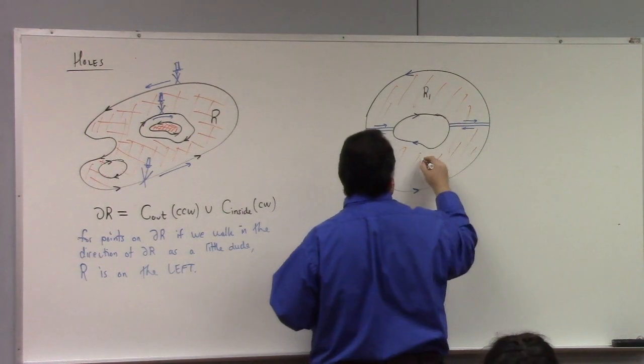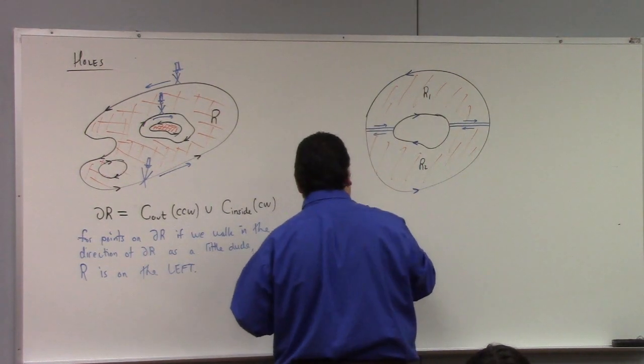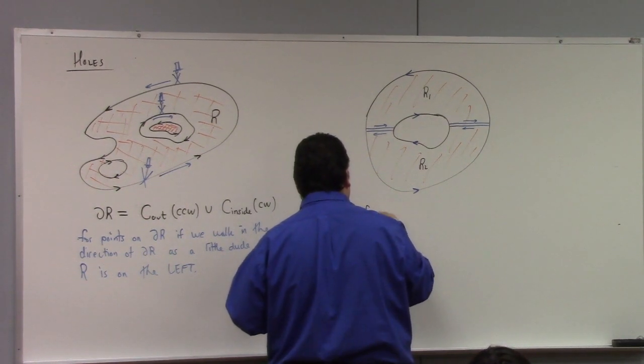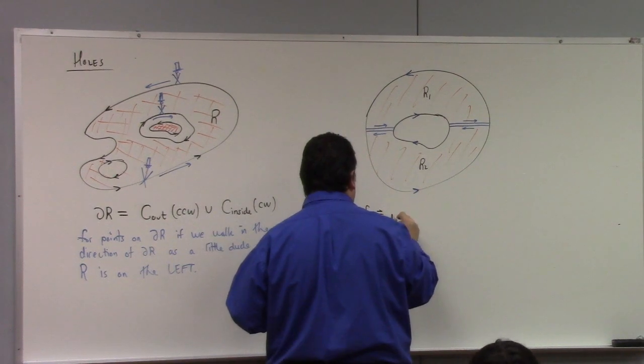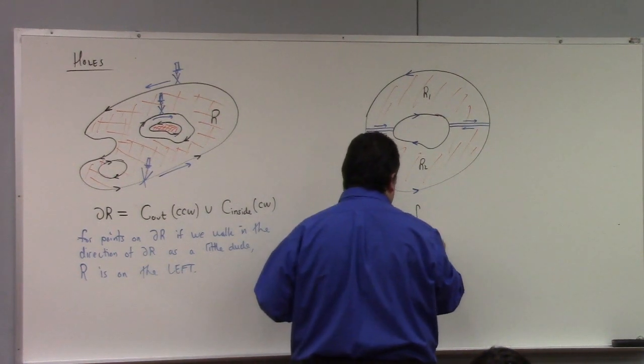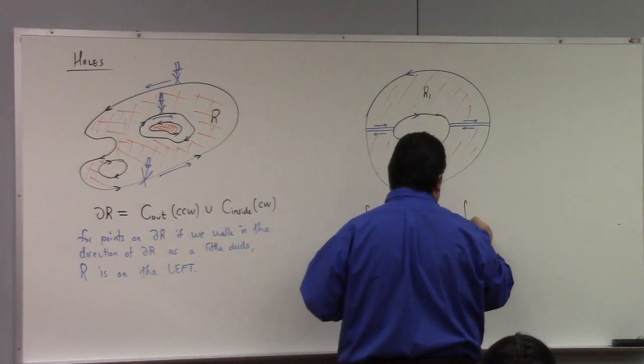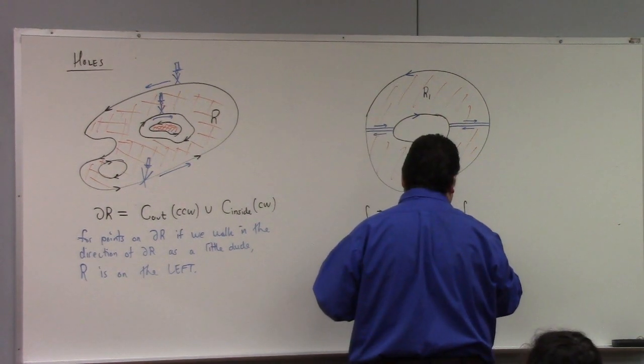Once you do that, if I call this region 1, and I call this region 2, and I look at the integral over the boundary of region 1 of f dot dr, plus the integral over the boundary of region 2 of f dot dr, well, I just have the integral over the union of the regions, right?